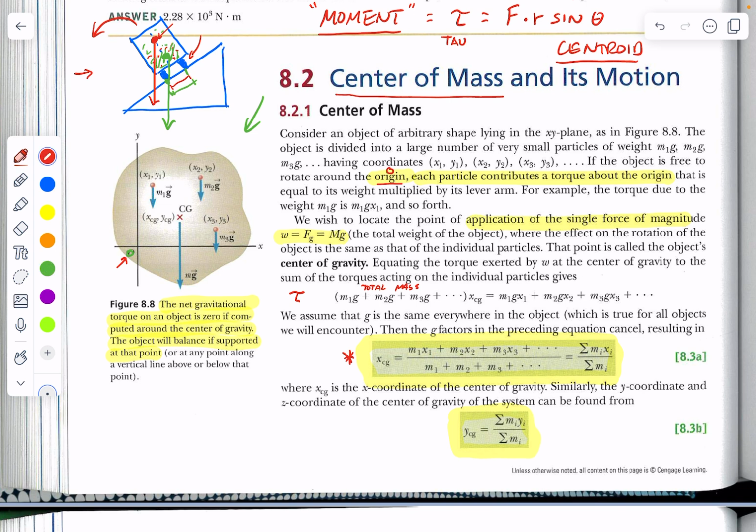And you can imagine that this object has an infinite number of particles. I'm drawing all these particles in red, but to save time, I'm not going to draw an infinite number of them. Every one of them would have a corresponding weight vector. If all the particles are the same, they would all have the same arrow acting down.